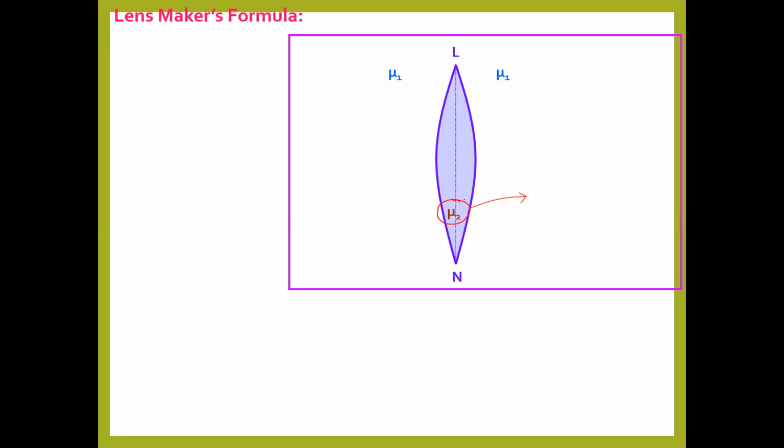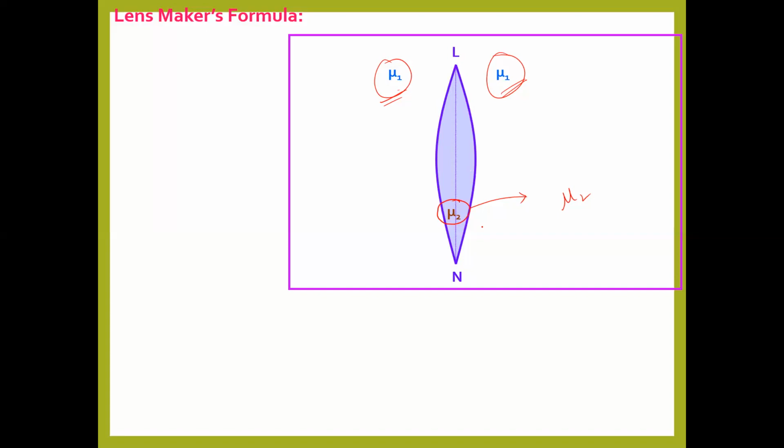So the refractive index of the medium that we are taking is mu2, and the surrounding medium, which is air, is mu1. This is basically a refracting medium, but both the surfaces are curved.